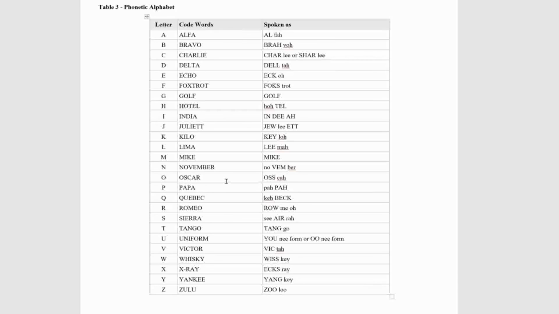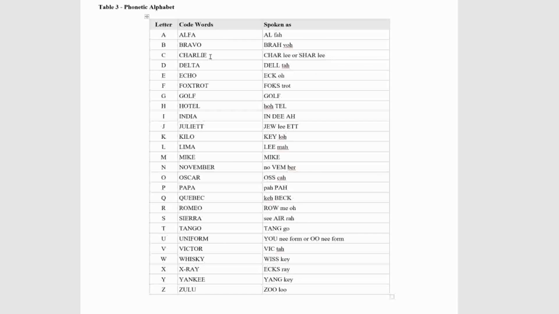And the other thing that's worth noting is that if you're an English-speaking person, then the words of the phonetic alphabet actually mean something. Alpha is the first letter of the Greek alphabet, but I only know that because I speak English. Bravo, clap, clap, bravo.